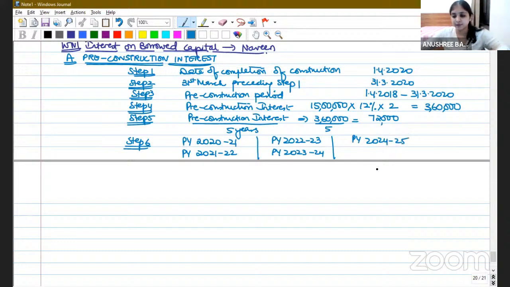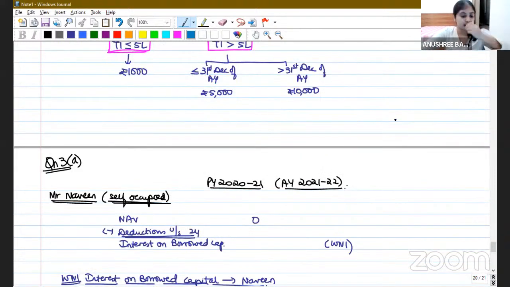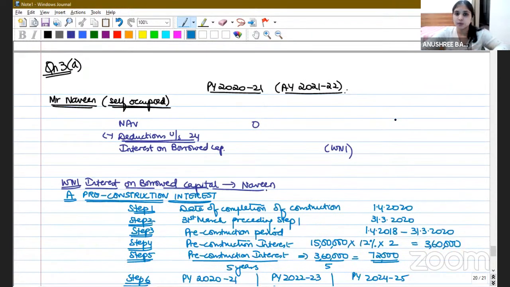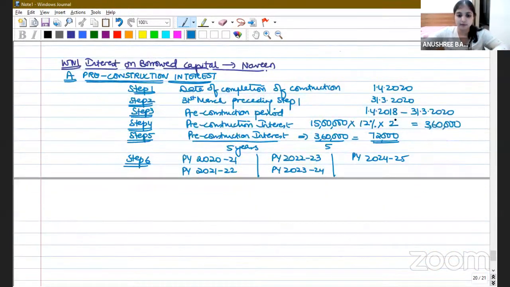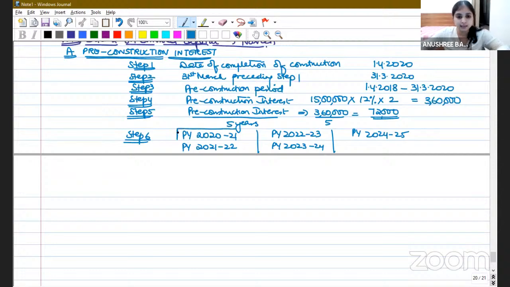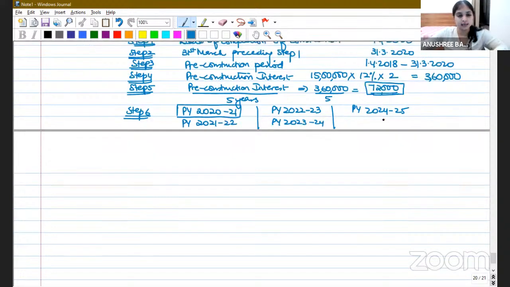For these 5 years, you will get the deduction of 72,000 each year. Now, what is your current previous year? We are doing the calculation for 2021. Is 2021 in this list? Yes. So we will get pre-construction interest of 72,000 in the current year.